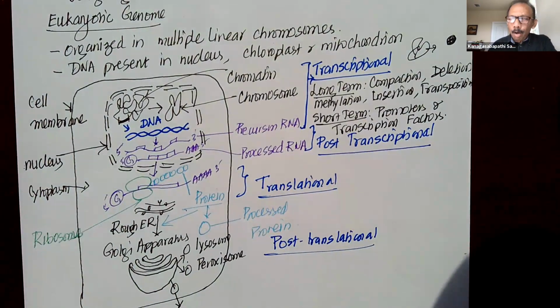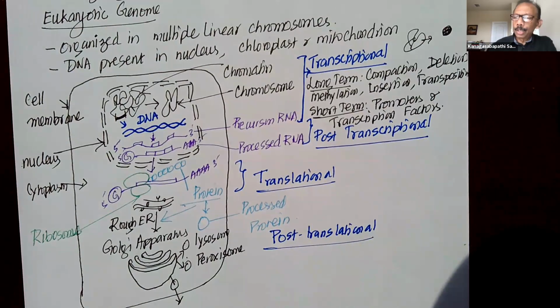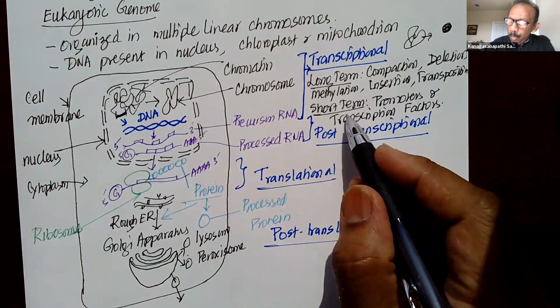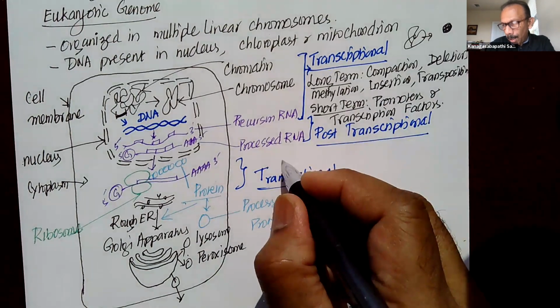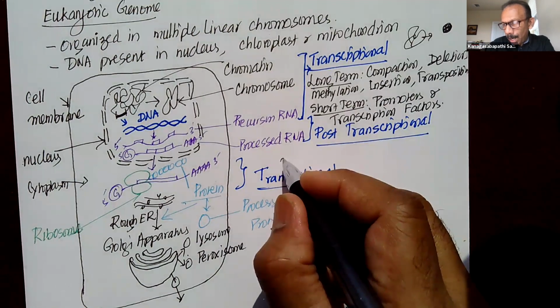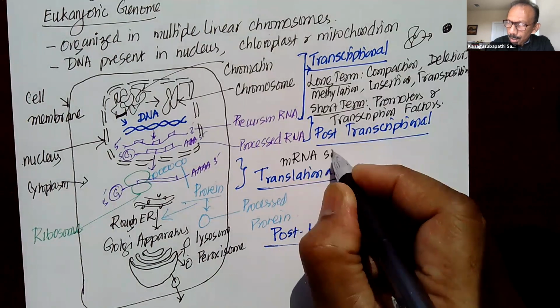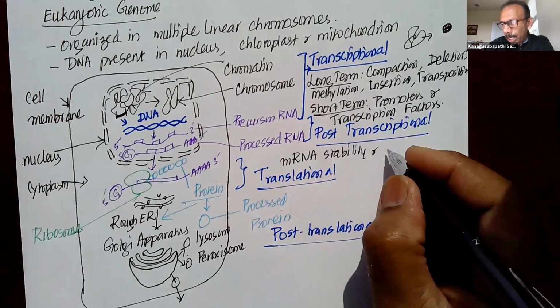So to make RNA, how much to make, when to make, where to make, all that is controlled at the short-term level. Post-transcriptional regulation has to do with mRNA stability, how long the mRNA is stable, and the alternate splicing.